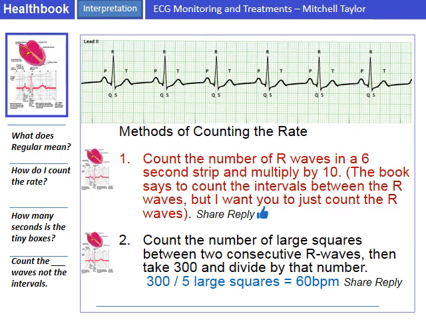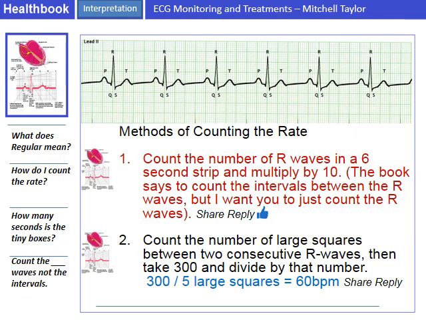If you count these, the heart rate is 60, but if you use intervals, it would turn out to be a heart rate of 50, which is way off. Even using the other methods, the more accurate way is counting the R to R and not by intervals. You use intervals in the other methods, but you do not use intervals when counting the number of R waves in the 6-second strip.